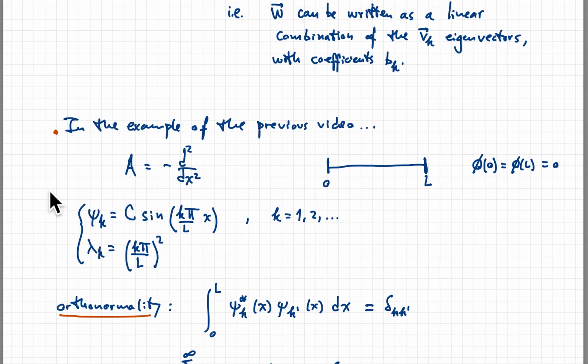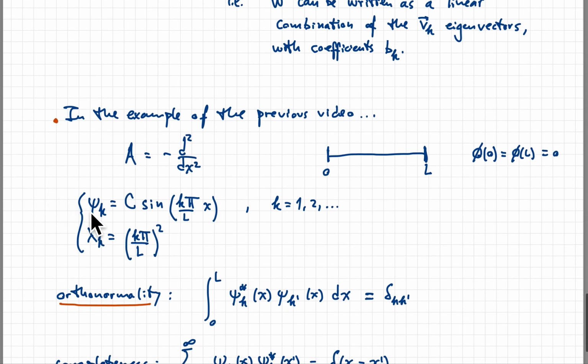And we saw then that the eigenvectors take this form: some constant times the sine of k pi over L times x, where k is an integer that goes from 1 to infinity, and then lambda k is k pi over L quantity squared. And so these are the eigenvalues and these are the eigenvectors.